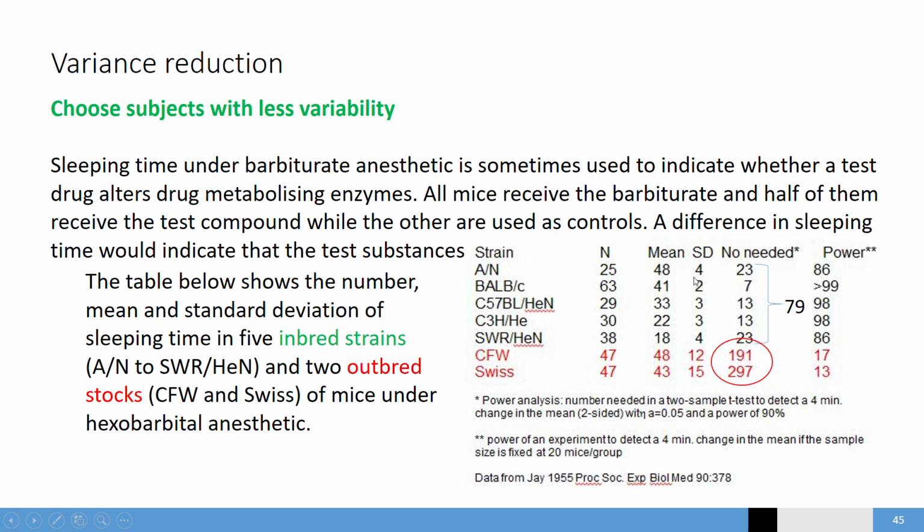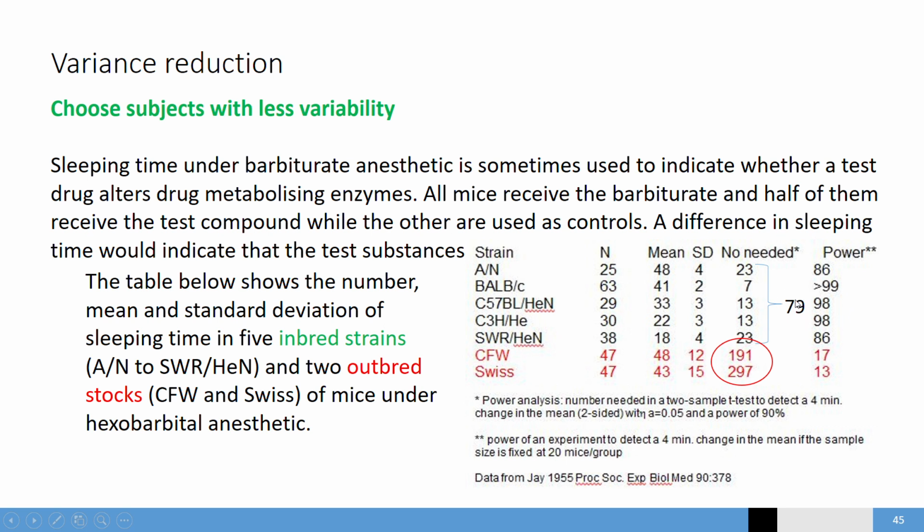In some of the groups that are very little variable, we will need very few animals to detect just this change of 4. In the groups that are more variable, we will need more animals. But in total, if we perform the experiment in these 5 strains, we have 79 animals in total.